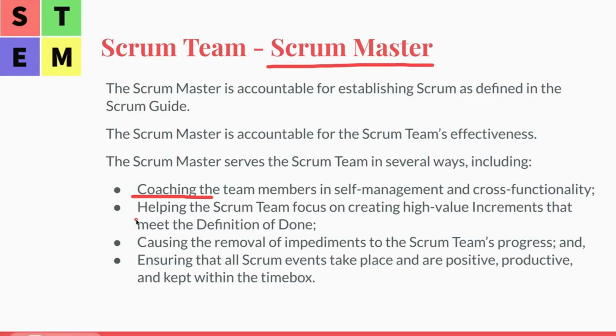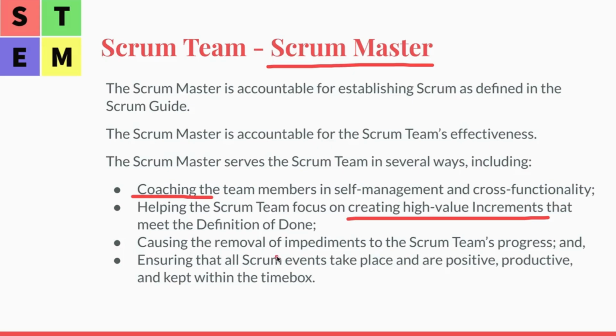The Scrum Master is just helping; the ultimate responsibility for that lies with the developers. The Scrum Master also helps by causing the removal of impediments to the Scrum team's progress.